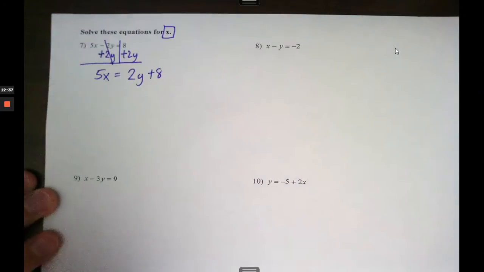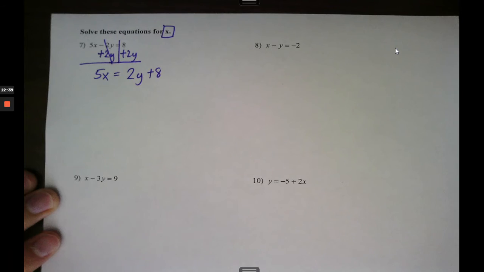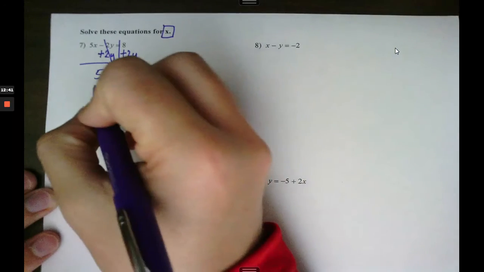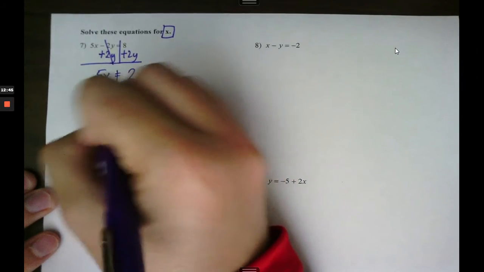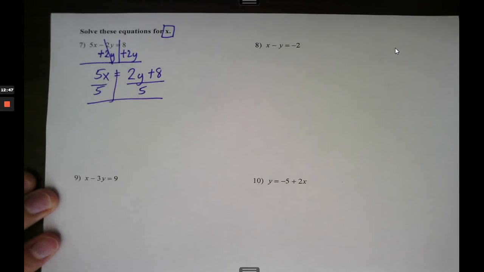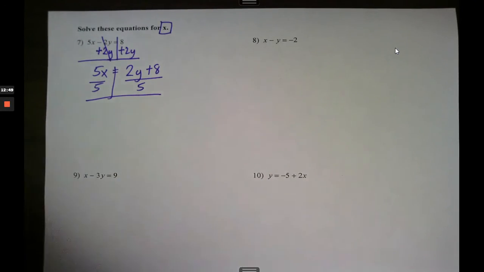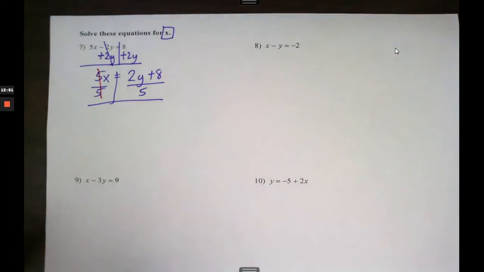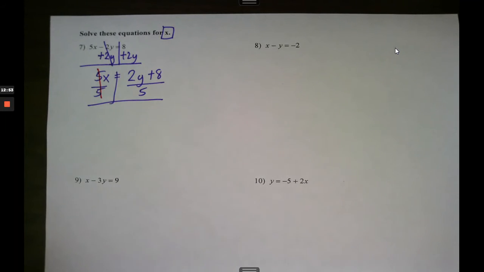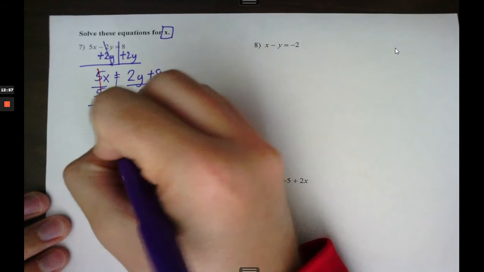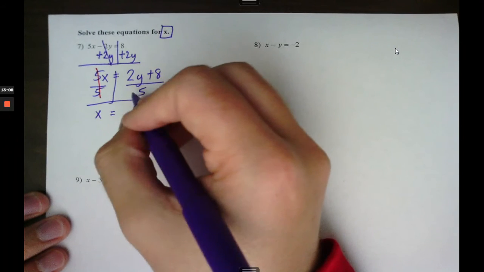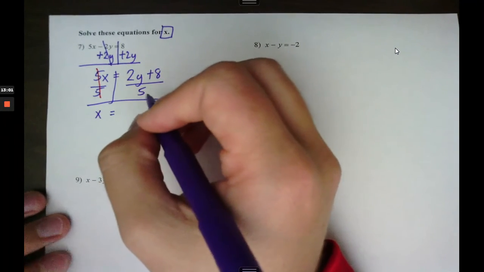Both are positive. Okay? Now the next step is going to be to divide both of those sides by 5. 5 divided by 5 cancels. And then on the other side, you can choose to do it in multiple steps, and I'll keep doing that so I can see it, or you could choose to go ahead and split it up right here from the get-go.